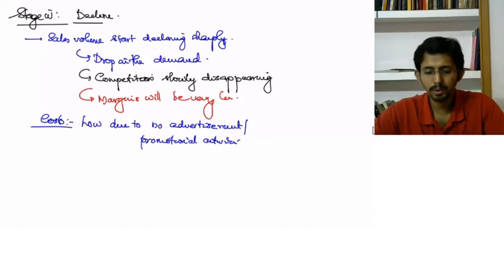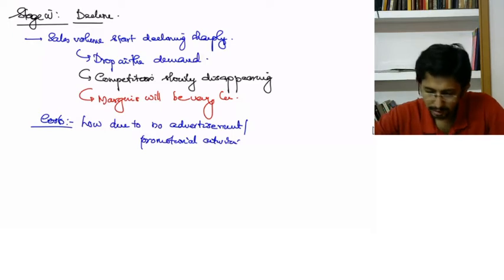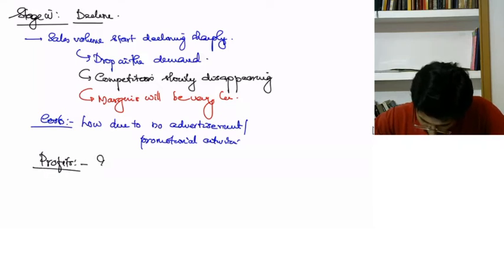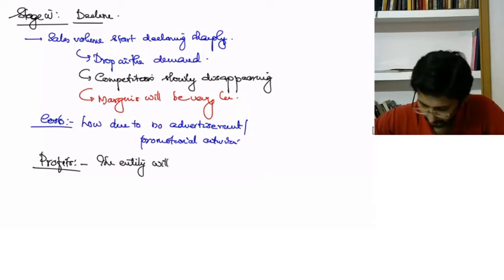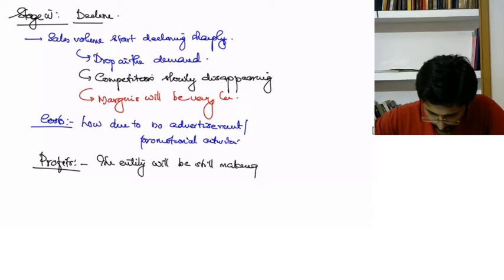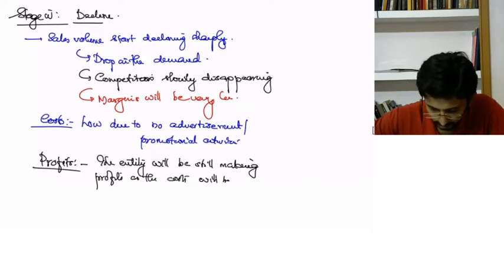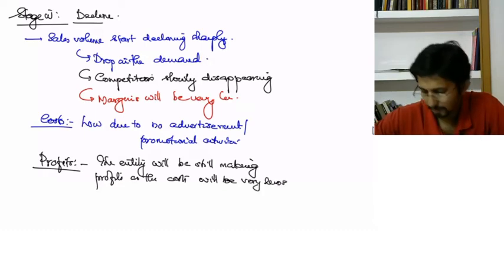So what you can do here is not to incur any cost, and you take your profits. The entity will still be making profits as the cost will be very less and optimal.